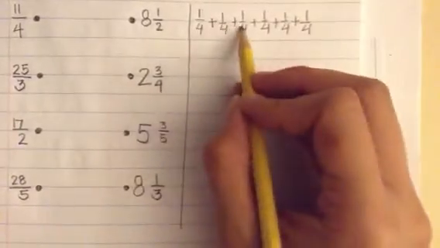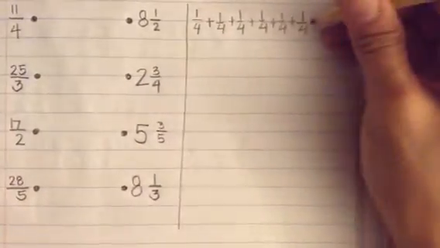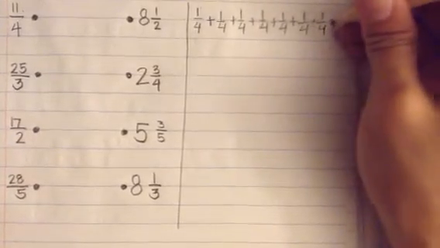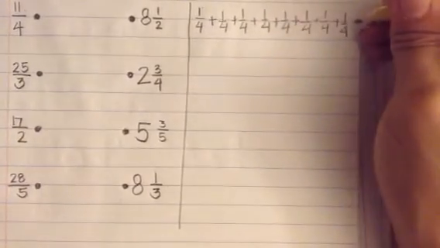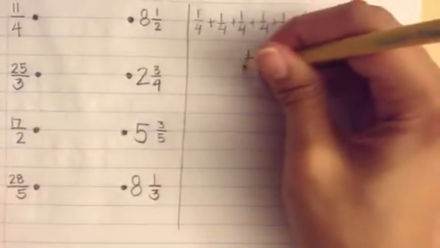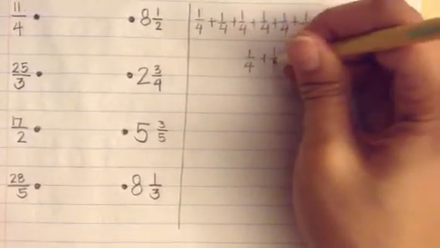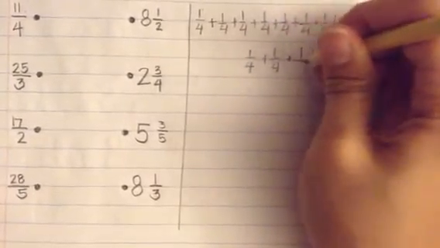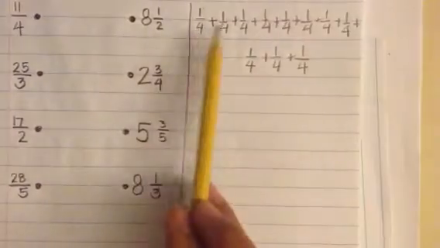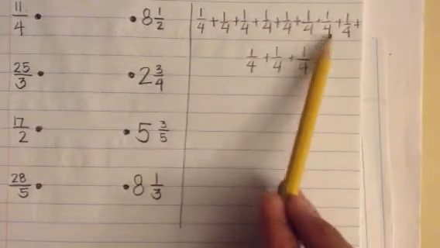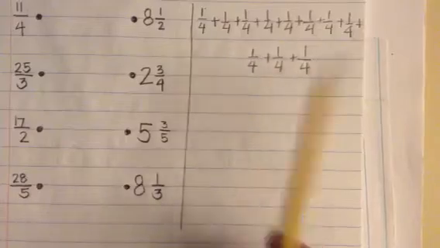So I have 1, 2, 3, 4, 5, 6, 7, 8, 9, 10, and 11.